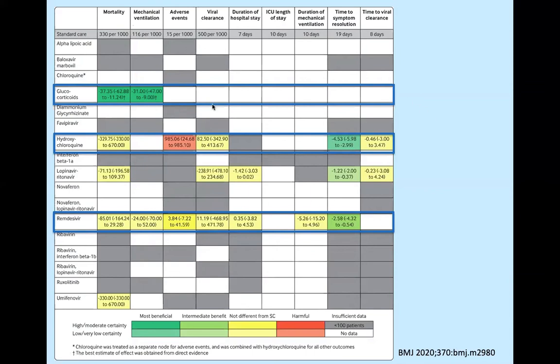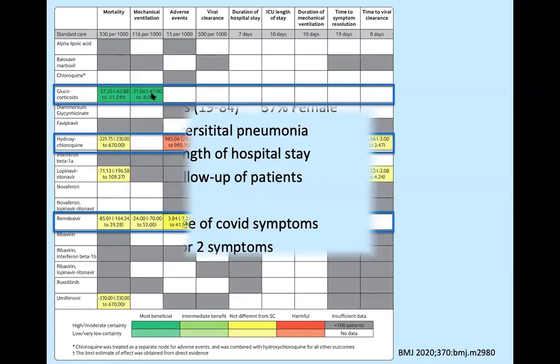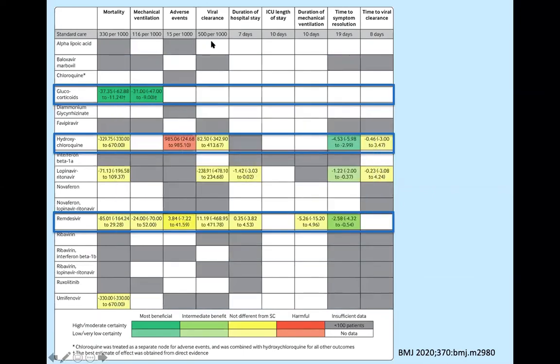And, sorry, just change the slide. Viral clearance, about 50%. Duration of hospital stay, circa 7 days. ICU length of stay, circa 10 days. Duration of ventilation, circa 10 days. Now, the glucocorticoids have an impact on mortality and mechanical ventilation.